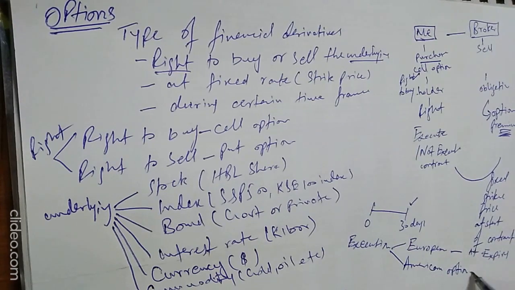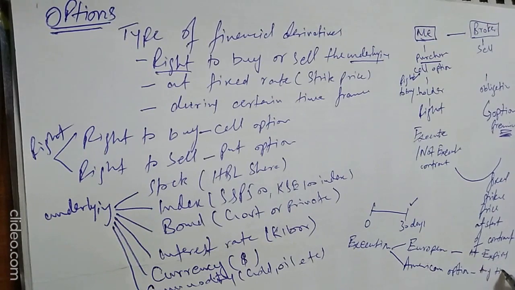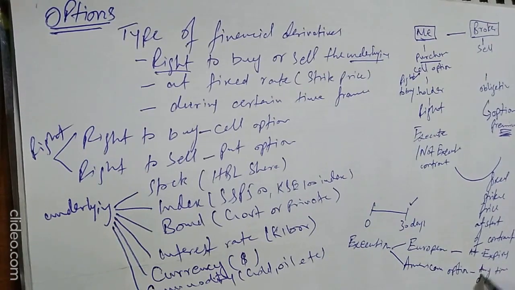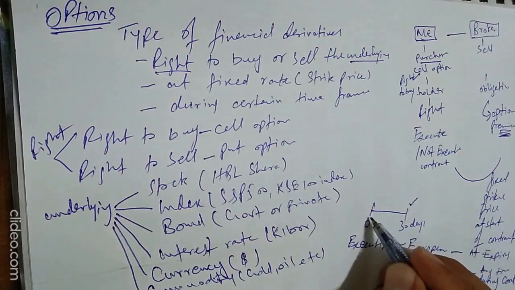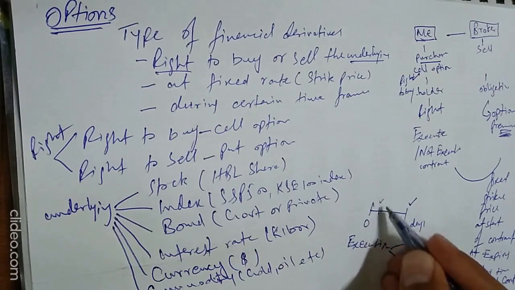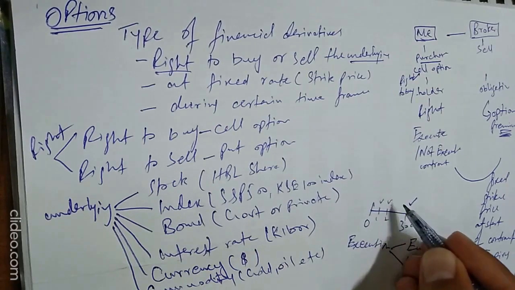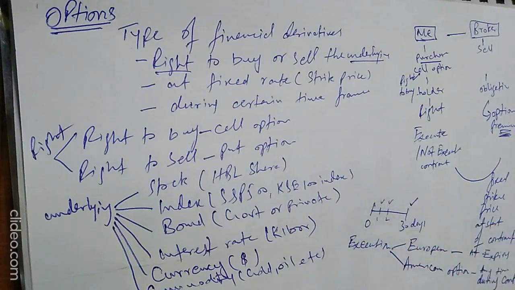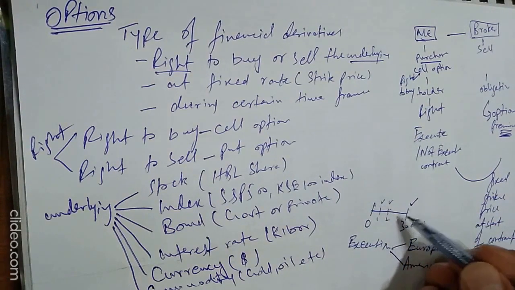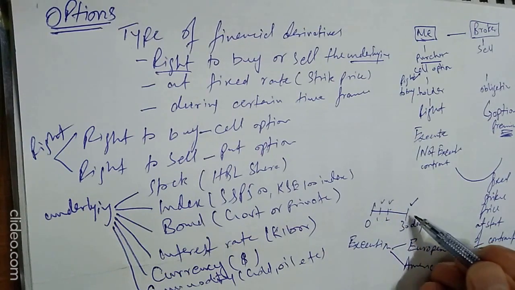But the American options are executed anytime during the contract. If I buy an option today, I can execute on the first day or the second day. If execution of the contract is in my favor, I can execute on the first day, second day, 10th day, 15th day, or the last day, the 30th day.